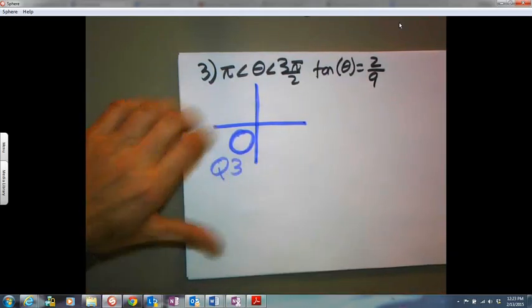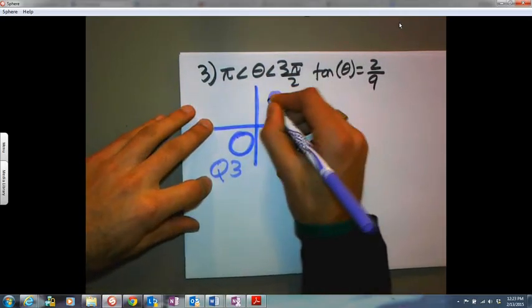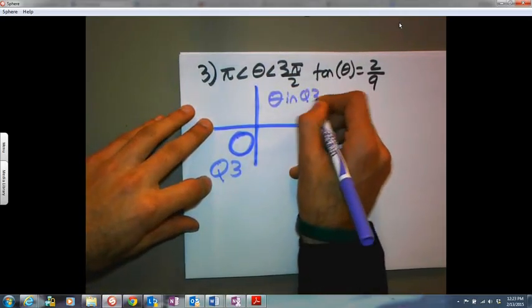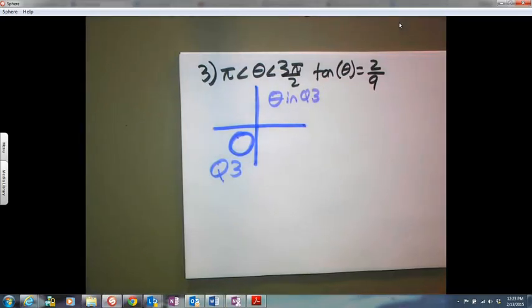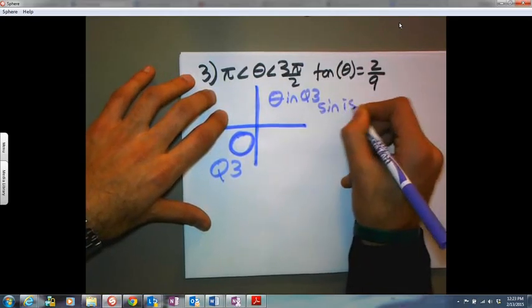If we know theta is in Q3, that means sine is negative in Q3, and cosine is negative in Q3.